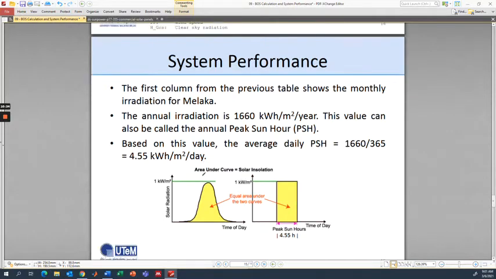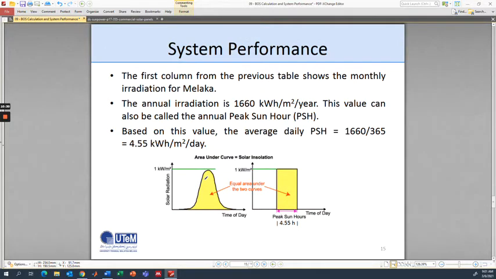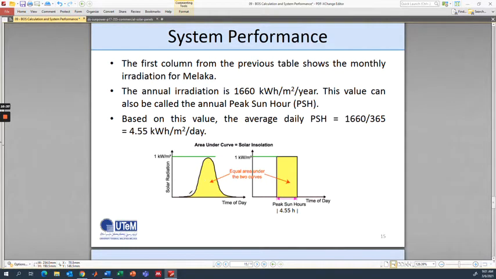So what does this mean? Okay, let's take the example of Melaka. In Melaka, we experience about 12 hours of daytime. Our sunrise is about, I think now, 7:02 a.m. Okay, so maybe I can label it here.